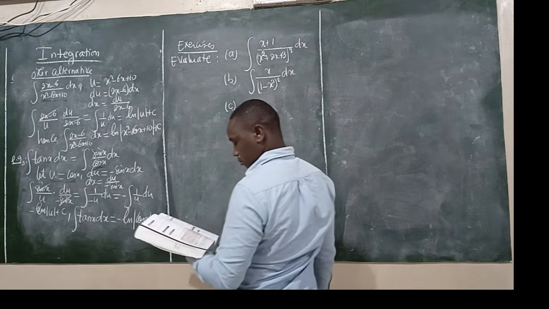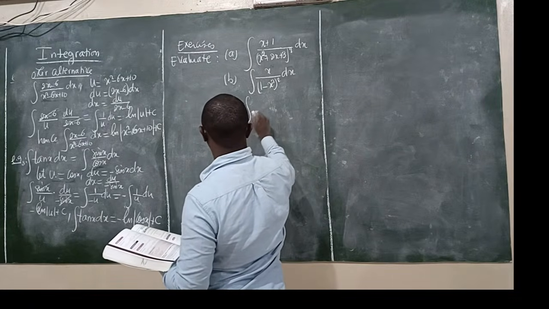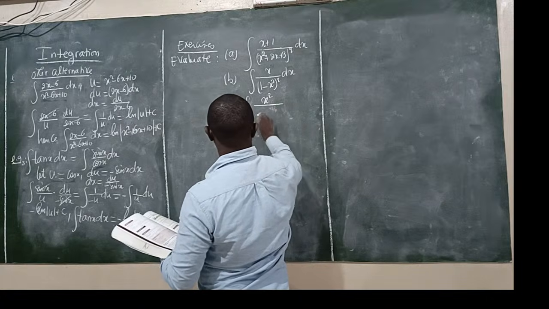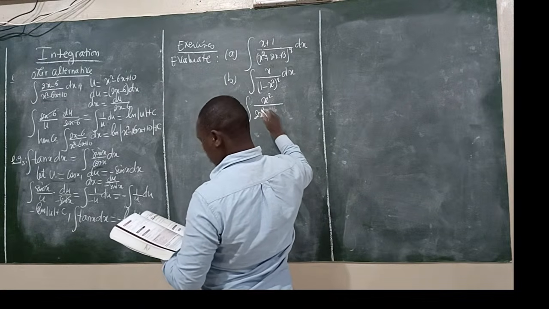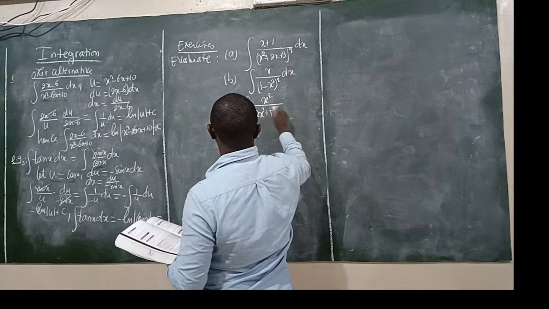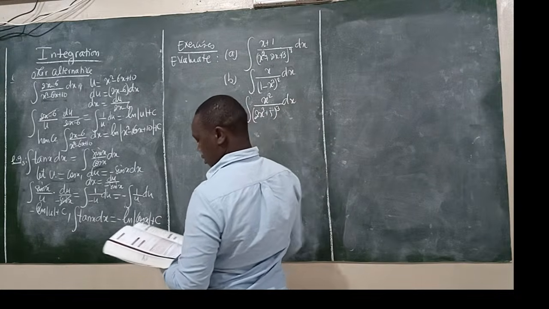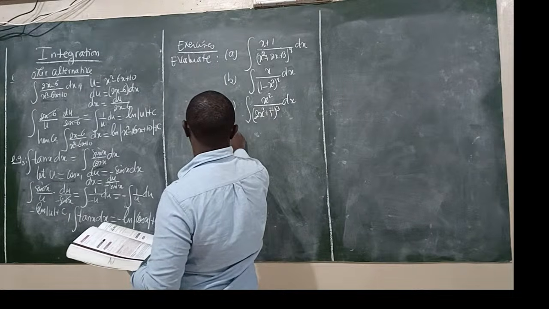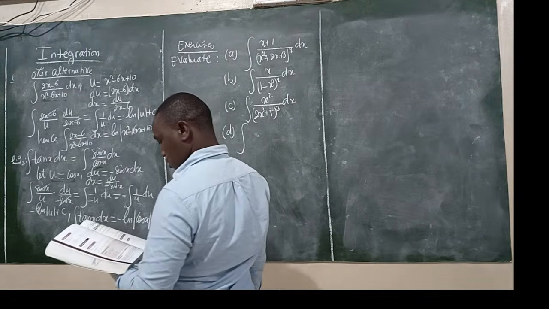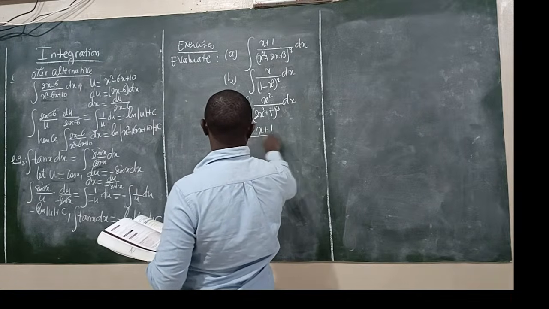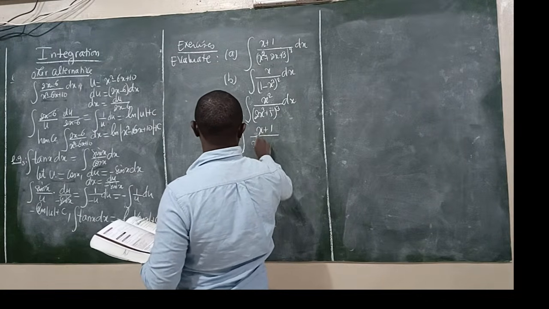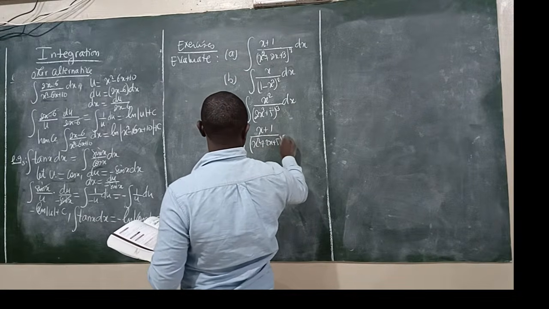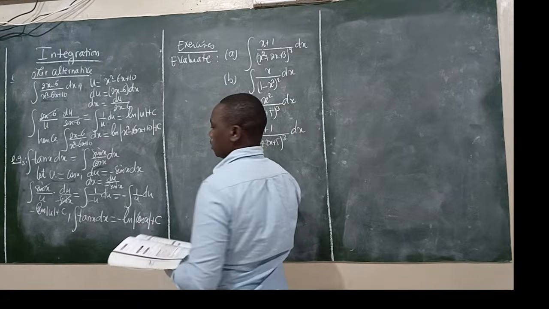C is the integral of x squared by 2x cubed plus 5, all to the power 3, dx. D is the integral of x plus 1 by x squared plus 2x plus 5, to the power 3, dx.